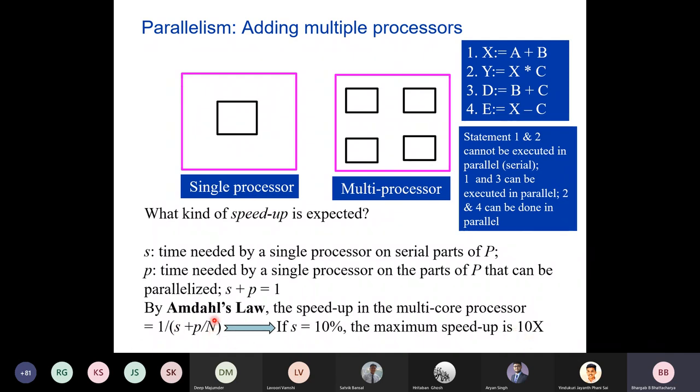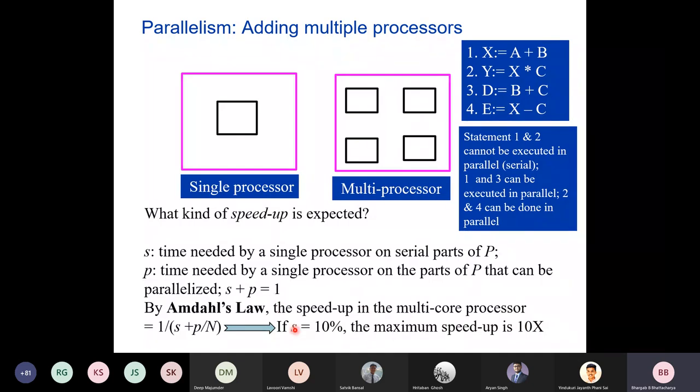You can increase n and take the limit of this expression as n tends to infinity, but that won't help. As long as the serial component is 10%, the speed up is upper bounded, and more than 10x you cannot achieve. So even though you have 100 processors, you cannot expect a speed up of more than 10.